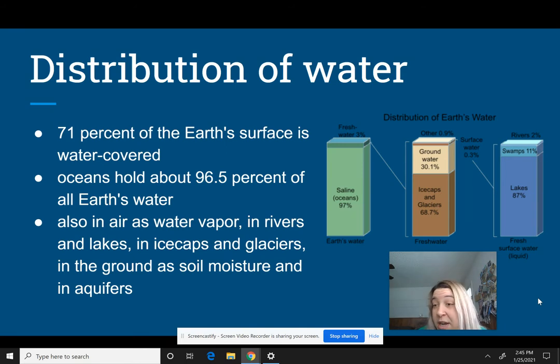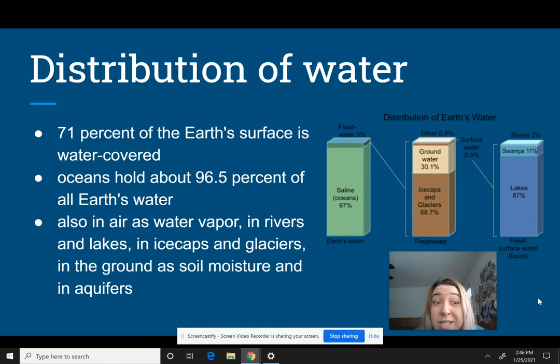Then 3% is freshwater, but it's actually broken up into different spots. So there's ice caps and glaciers, which has a bunch of it. Groundwater has a bunch of it. And then there's this tiny little bit of surface water. There's a lot in lakes and rivers, some in swamps. Think about drinking that water. Delicious. Don't worry, we can purify it. It's fine. So yeah, it's kind of interesting to see how our water is broken down.